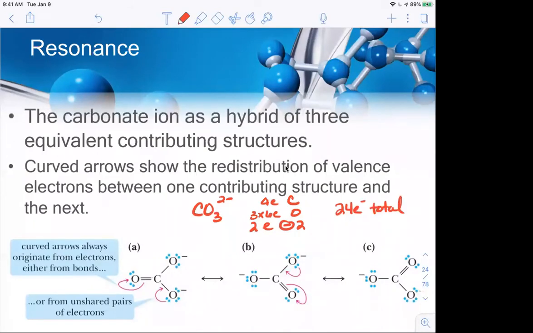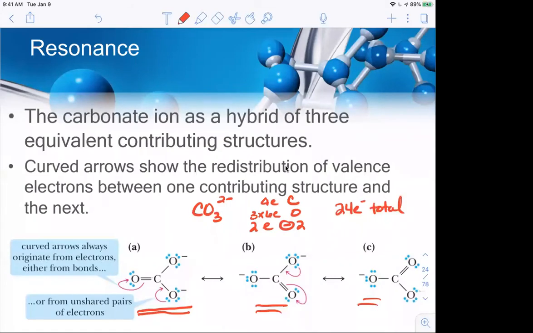What I notice is I have this structure, or this structure, or this structure. What are the differences? The difference is the positioning of the electrons. Notice I have different positioning of those double bonds and those lone pairs. That's what I usually change when I go from one resonance structure to another.